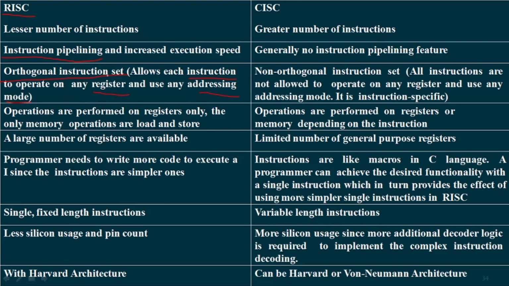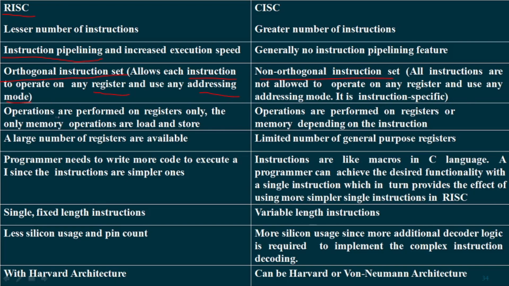Depending on the processor, there will be n number of registers, and on all the registers you can apply these instructions. While CISC is non-orthogonal, you can't perform one particular instruction on all the cases, all the modes and all the registers. It depends upon the instruction which can be applied and which cannot.